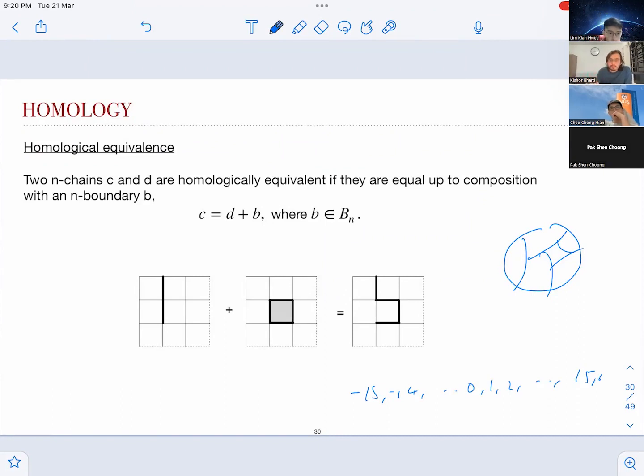But let's say you are interested in numbers which are multiples of 5. Numbers which are multiples of 5 are something like 0, 5, minus 5, 10, 15, and so on. You know that all these multiples of 5 are a subset of all the integers that we have. Every multiple of 5 is definitely an integer, but on the other hand, every integer is not a multiple of 5.